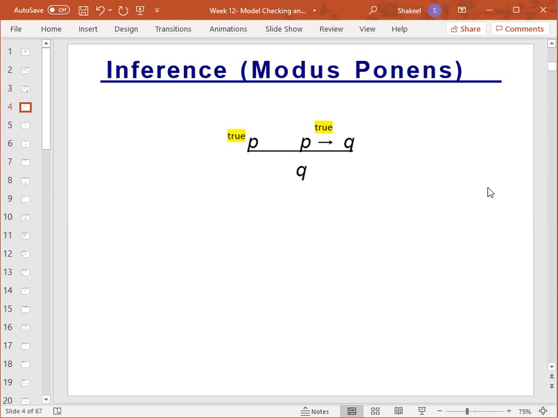As a matter of fact, if you write the truth table for P, Q and this expression, you will find that it is a tautology. It's always true that if you have P true and P implies Q true, the conjunction would imply that Q is also true.